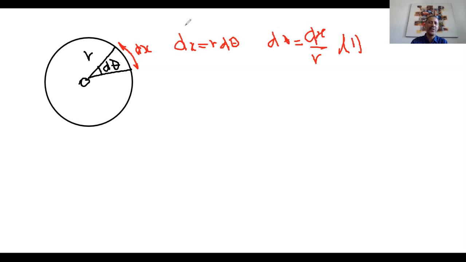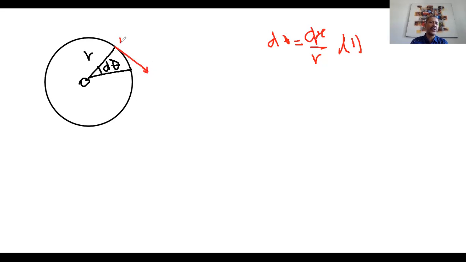Then on every point in this circle, we get already this first equation, so we don't repeat it again. On every point, the velocity is always tangent.